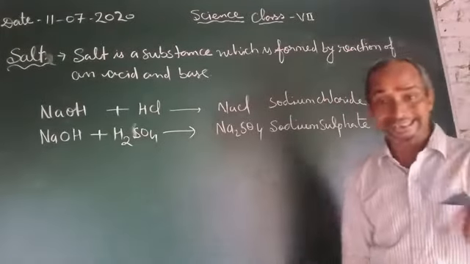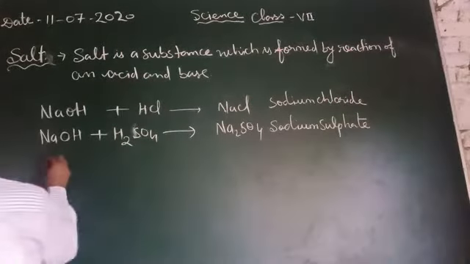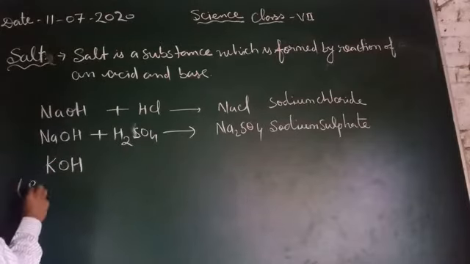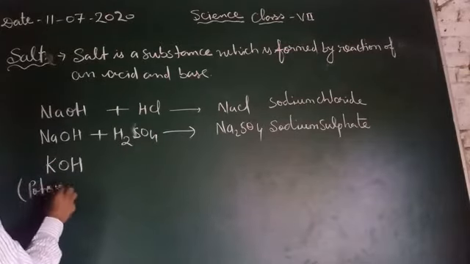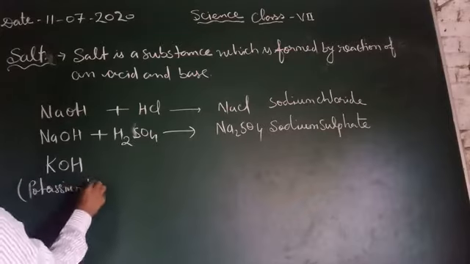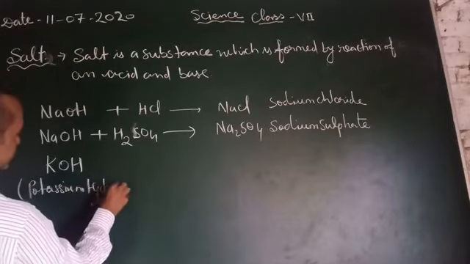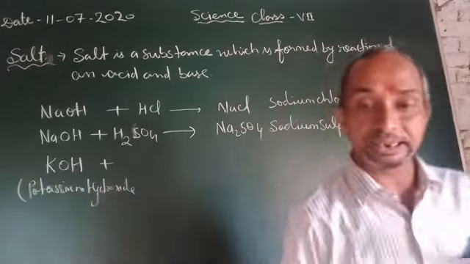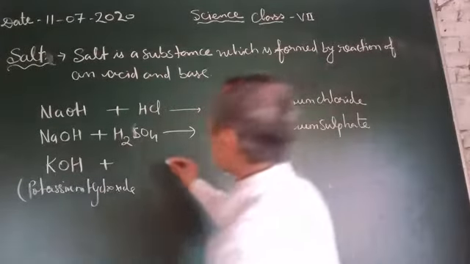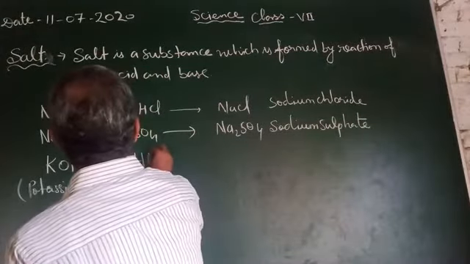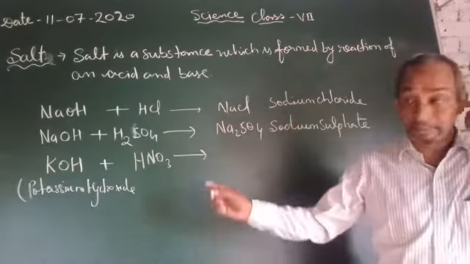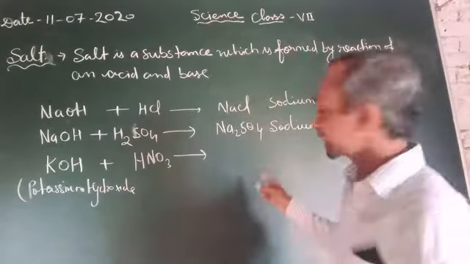Next, potassium hydroxide, KOH, reacts with nitric acid, HNO3, and becomes potassium nitrate, KNO3.